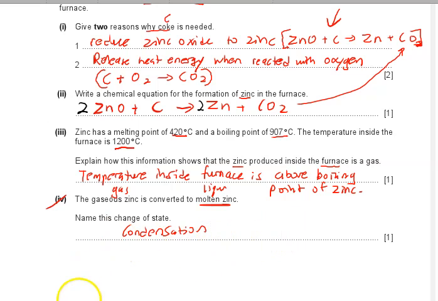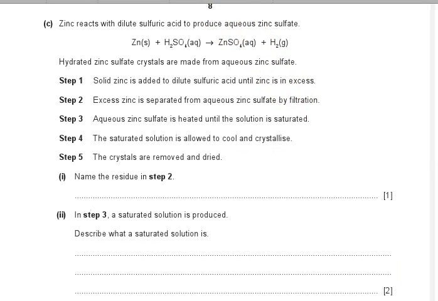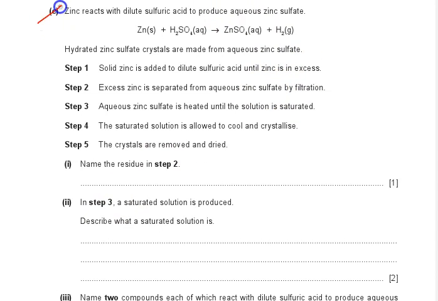Okay, we move to the next question here. Okay, for C, zinc reacts with dilute sulfuric acid to produce aqueous zinc sulfate. Right, hydrated zinc sulfate crystals are made from aqueous zinc sulfate. So step 1, solid zinc is added until zinc is in excess. Okay, zinc in excess is separated from aqueous zinc sulfate by filtration.